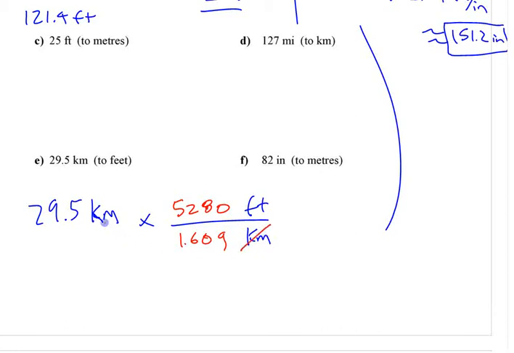Now you might say, okay, well there's the kilometers gone, but then how do I deal with this on my calculator? I do this, times this, divide by this. Okay? Does everybody follow that? If you spend a bit of time on this, it's not as hard as you think it is.